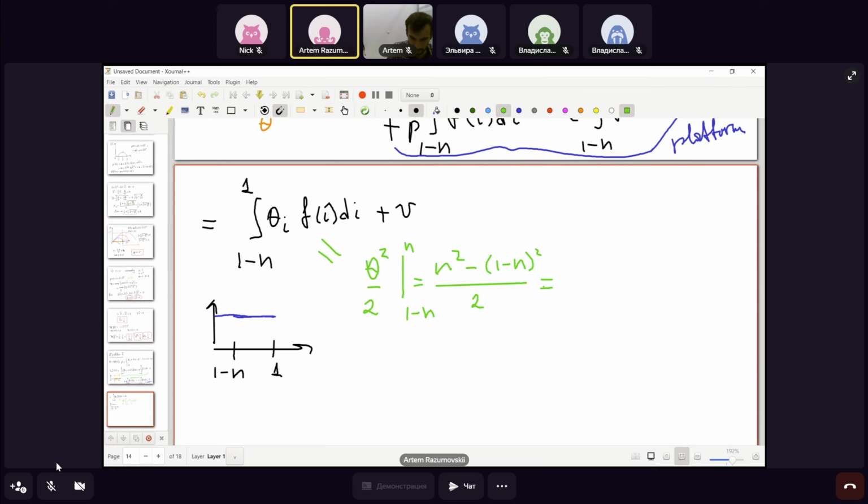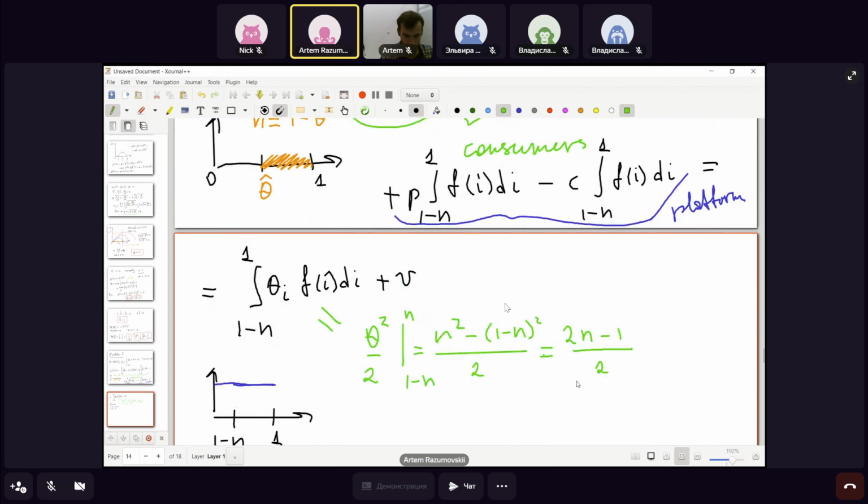And this is (2n minus n squared) over 2, right? I think so. Okay, so that's the answer for this.